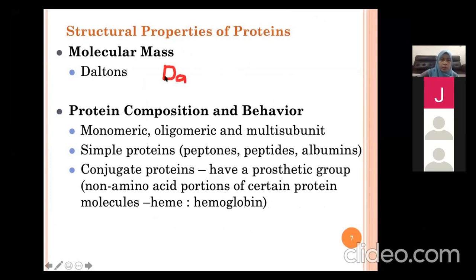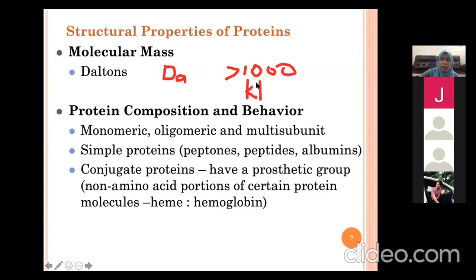If we have more than 1,000 Dalton, then we can put small k, capital D, and A, kDa.